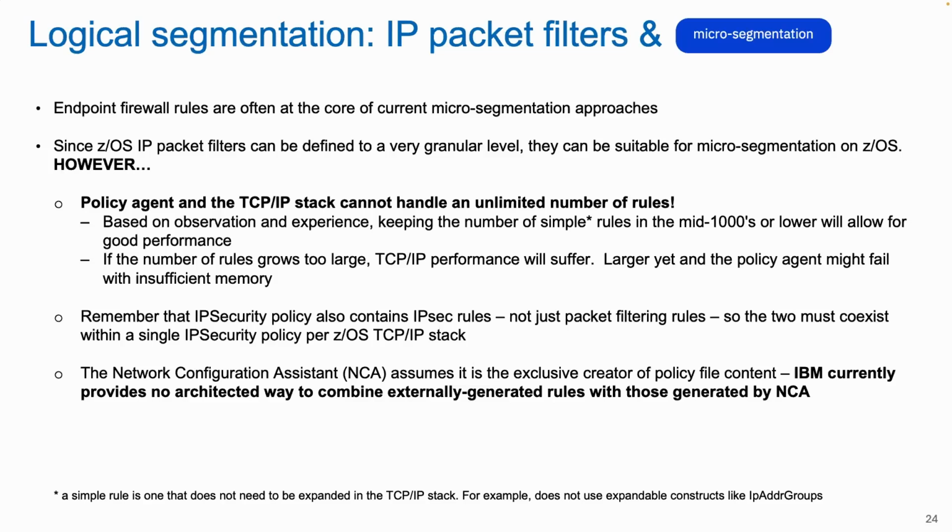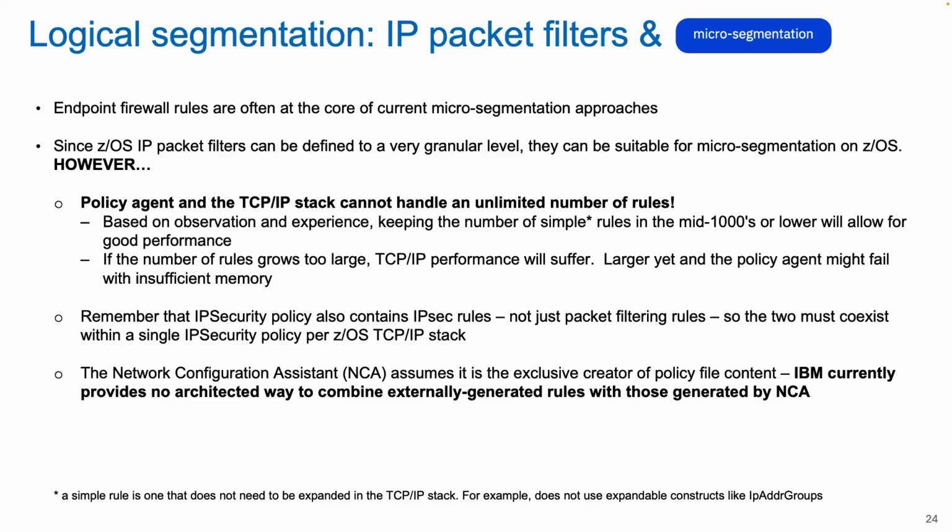So there's no specific limit, but based on our observation, keeping that number in the mid thousands works best in terms of performance. We've also seen that when the rules grow too large, Policy Agent might even fail to come up due to insufficient memory. So that really depends on the memory available to Policy Agent, but you want to keep the total number of rules in the mid thousands.